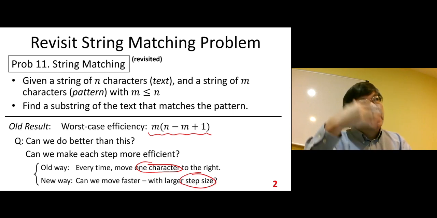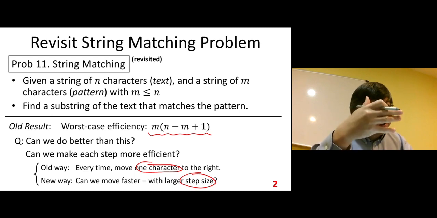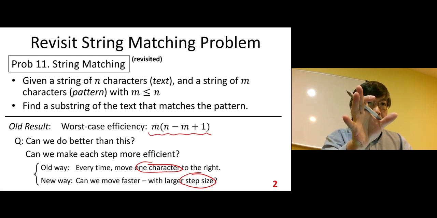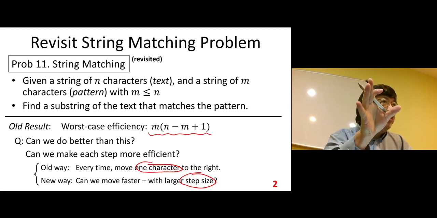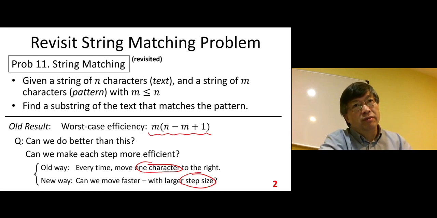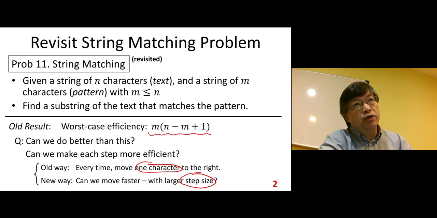So we need to do some work to tell us when we move faster, we have no problem, so we will not miss any possible matching substring. Otherwise, if we miss some solution, that's too bad. So that's the reason we need to do some work.